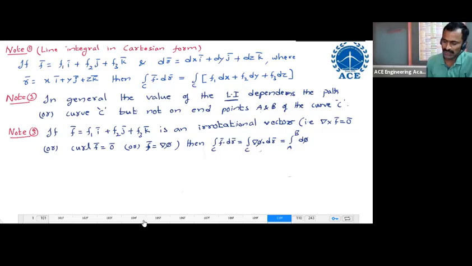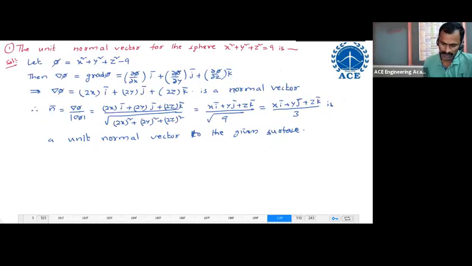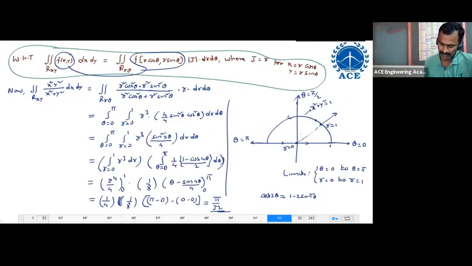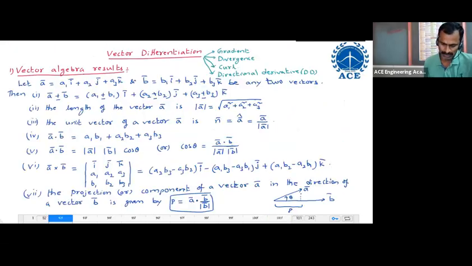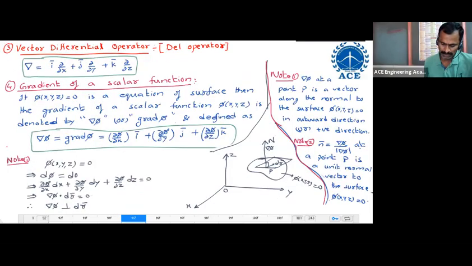In the vector differentiation part, we have already written this. We'll go back to this. From this, d phi equals this sum, and this sum is the same as del phi dot dr bar. So d phi is the same as del phi dot dr bar for this function.